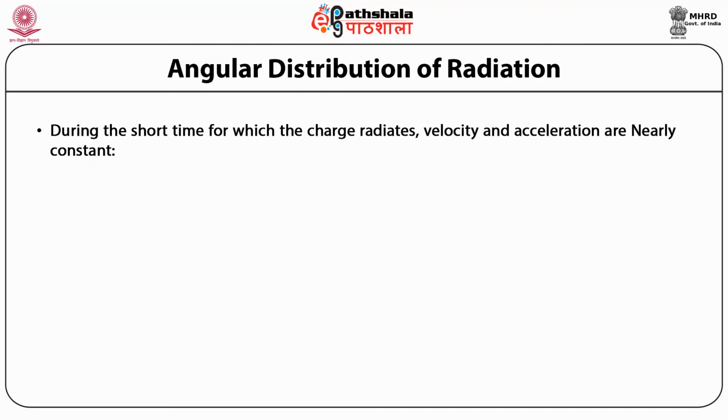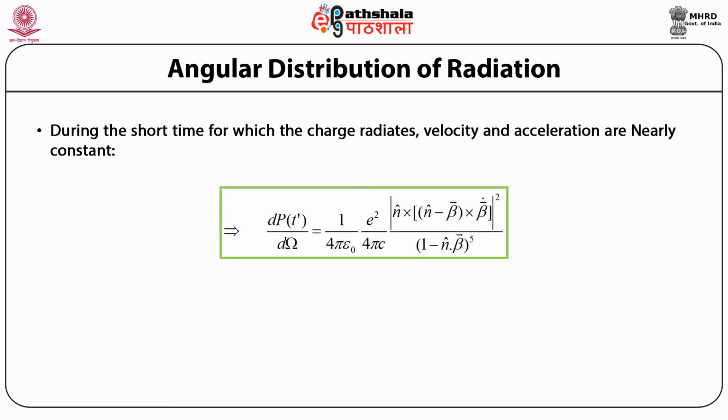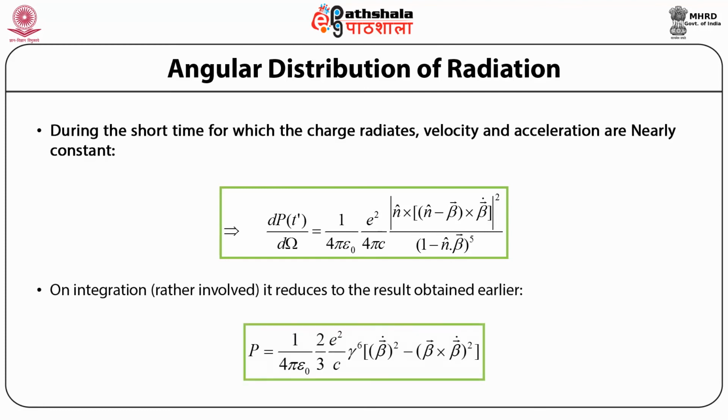Then the angular distribution of radiation is given by dP(t')/dΩ equals 1 divided by 4 pi epsilon naught into e squared by 4 pi c into mod of n cap cross ((n cap minus beta) cross beta dot) whole squared, divided by (1 minus n cap dot beta) raised to power 5. Integration over the solid angle in this general case is rather involved. However, it can be performed, and the relativistic generalization of Larmor's formula can be obtained.